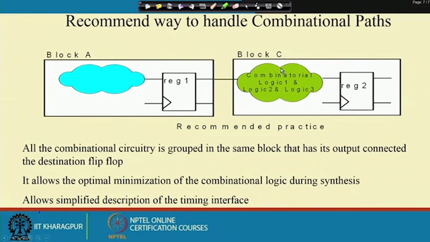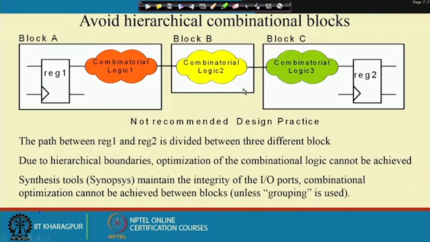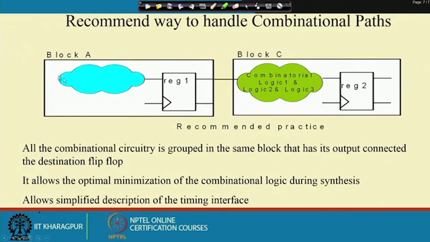Here you see block A, block B and block C. Instead of that, you put it as one block A and one block B, so all the combinational circuit is grouped in the same block that has its output connected to the destination flip-flops. It allows optimal minimization of the combinational logic during synthesis and allows the designer to simplify the description of the timing interface.